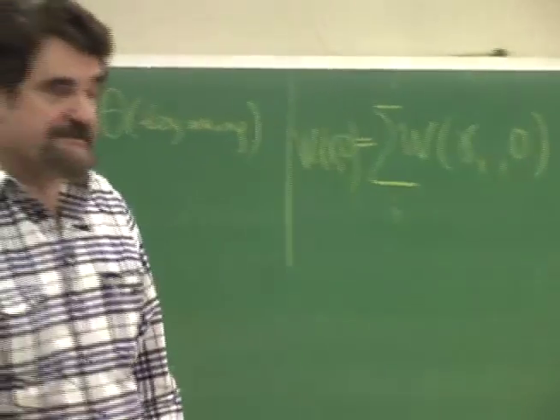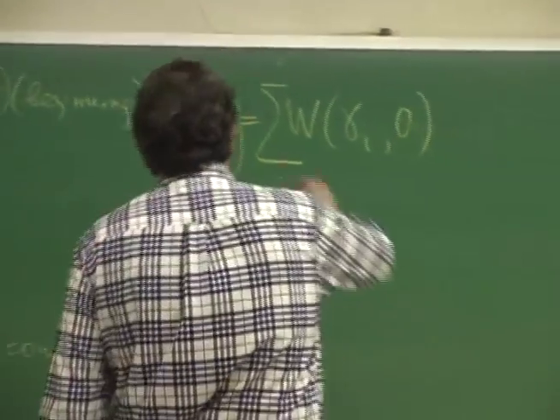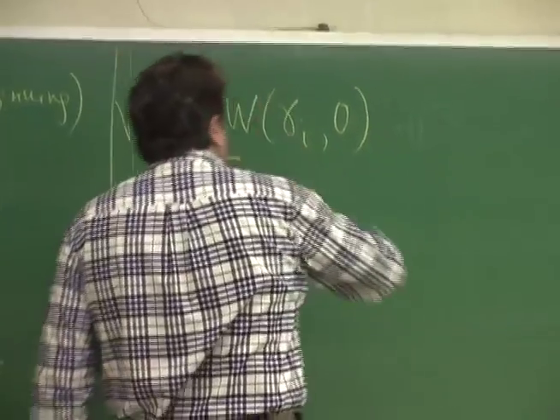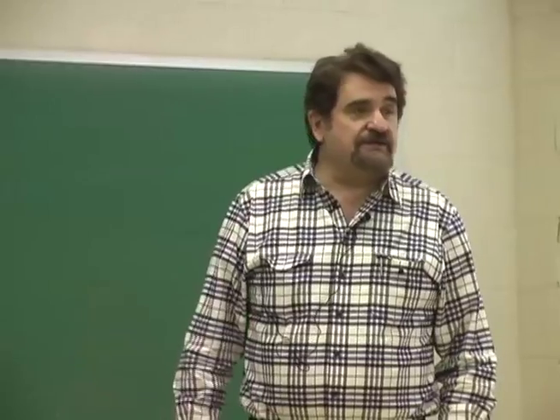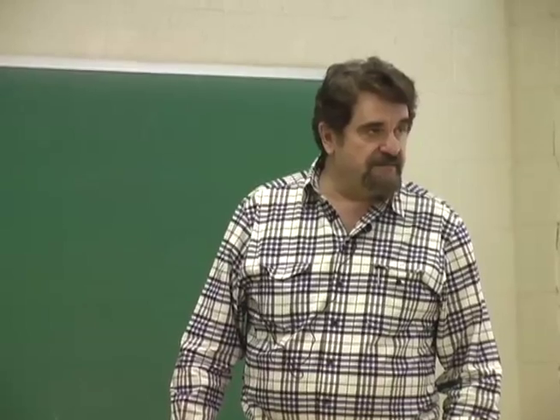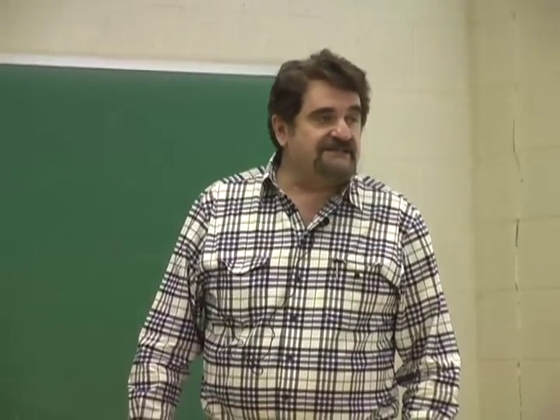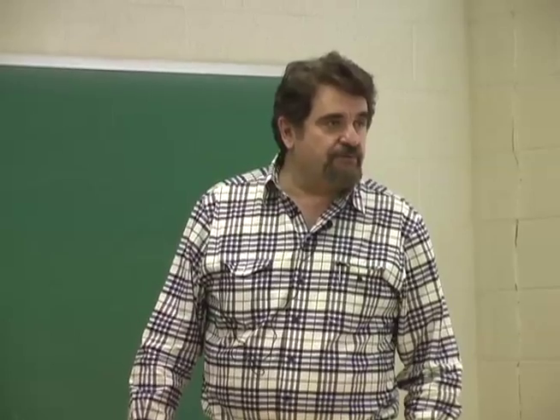It is by definition. Definitely, the moment you give such a definition, you have to prove several things. Namely, what do you have to prove? That the result does not depend upon how you split the interval. And second, well, that's the only thing you have to prove.